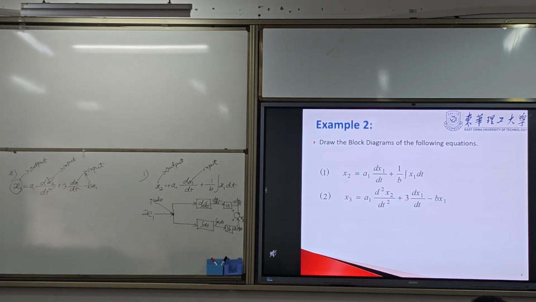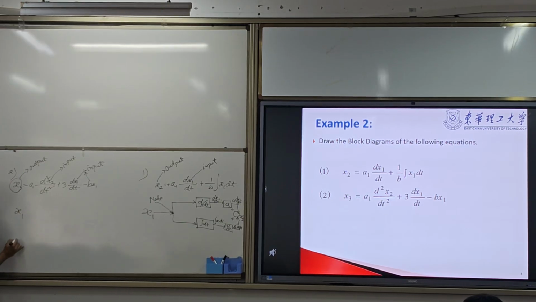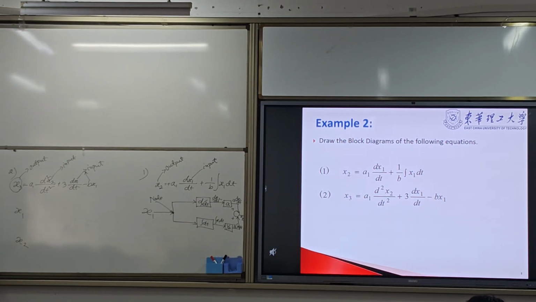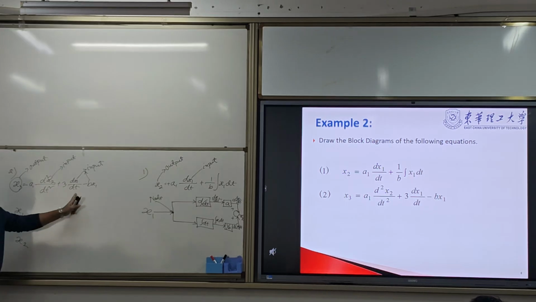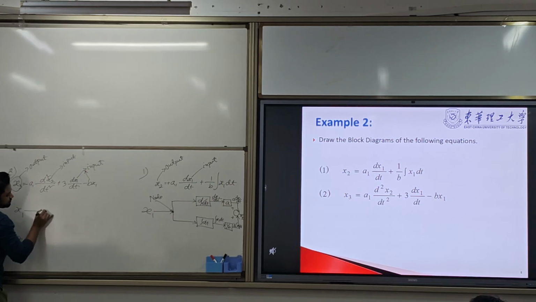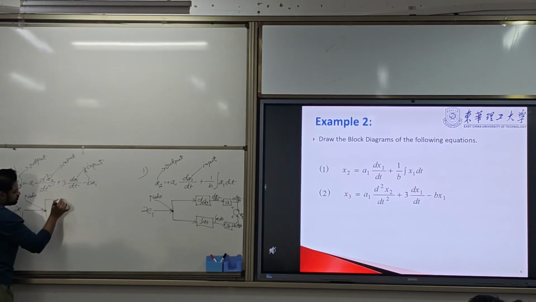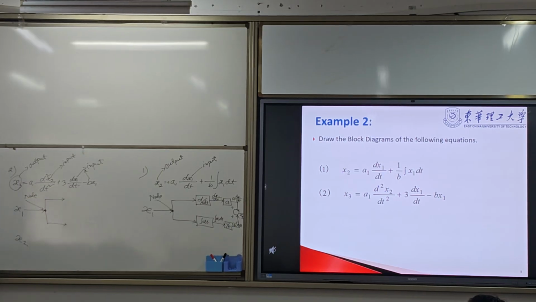So we need to draw the block diagram. How do you draw it? First of all, you write down the inputs x1, x2. Now x1 appears twice, so we need to use a node, and the signal goes in two directions.